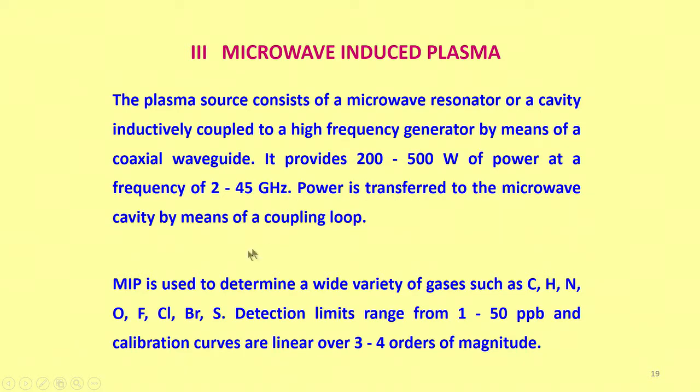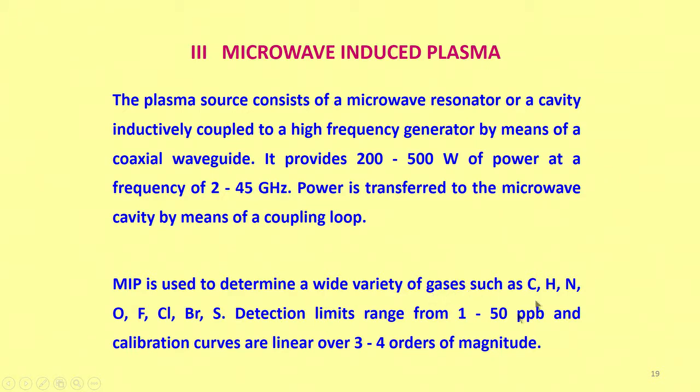So, the power is transferred to the microwave cavity by means of a coupling loop, and the optimum use for microwave induced plasma is for the analysis of gases, not metal ions.